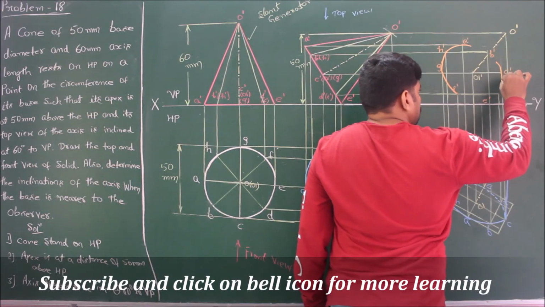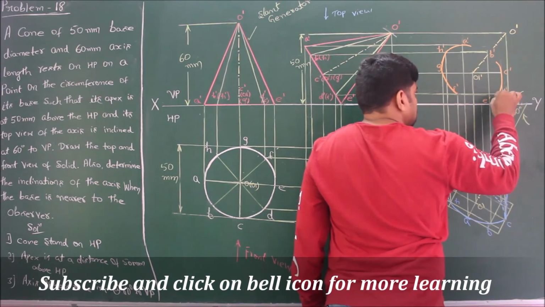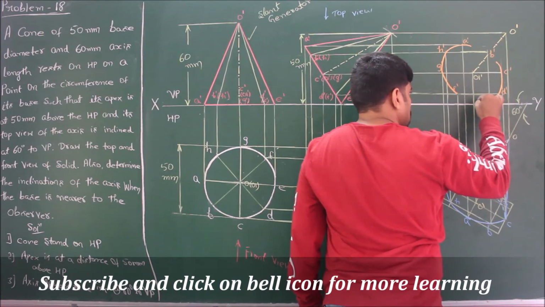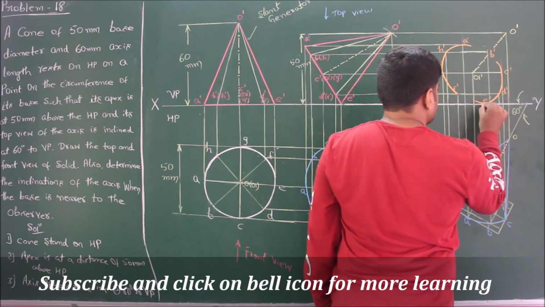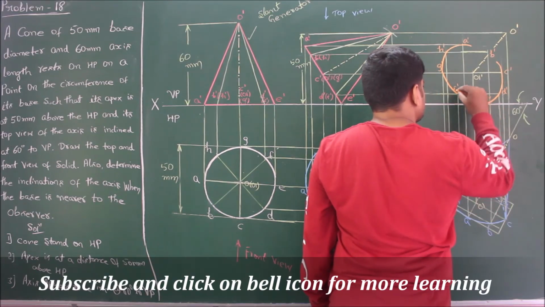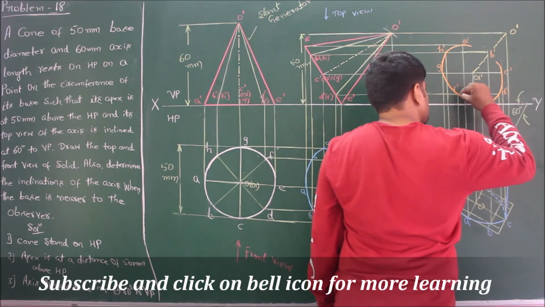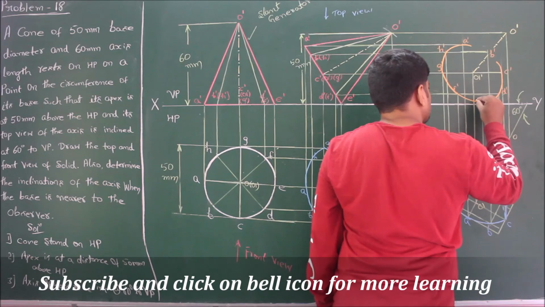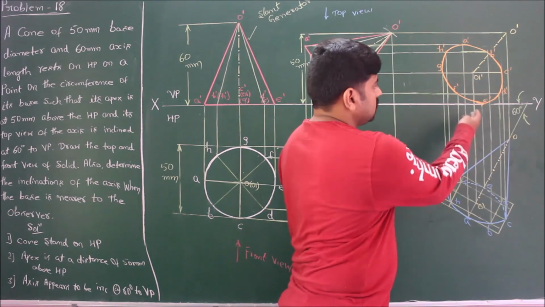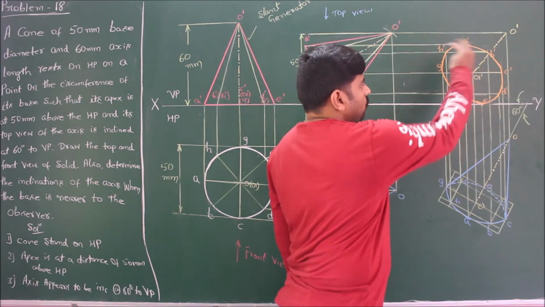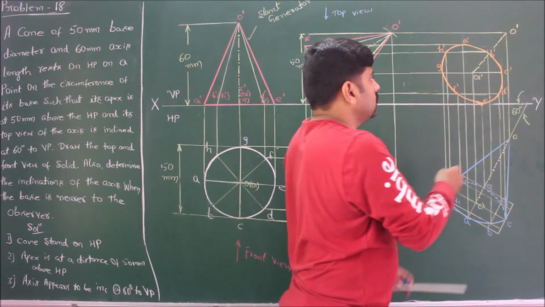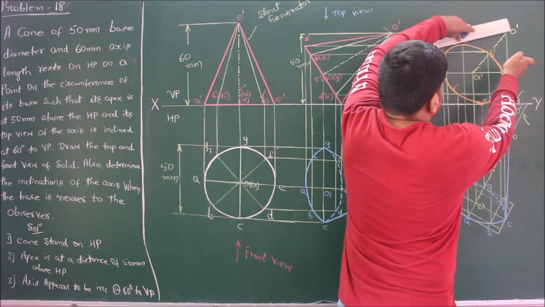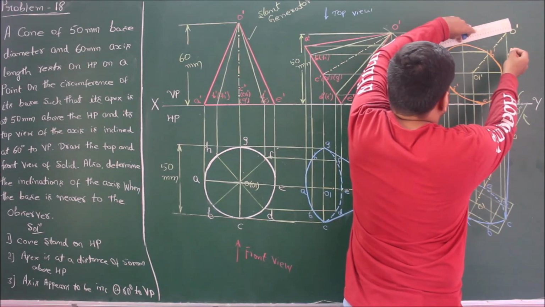Better to draw a curve for 3 points first. This completes the marking of the base with a freehand smooth curve. Now draw a tangent from O prime to the circumference.